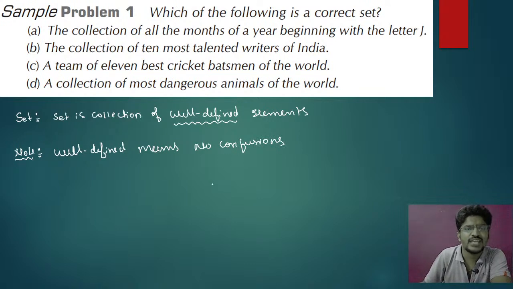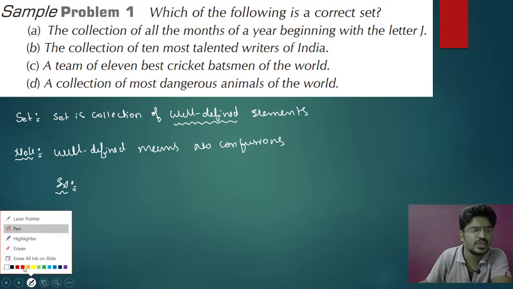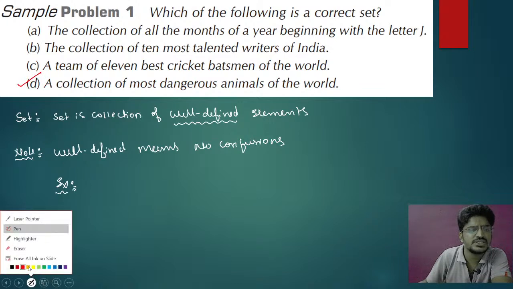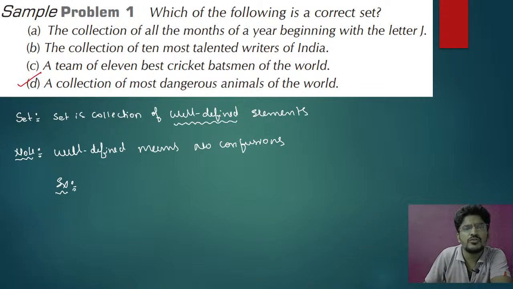For example, take a very simple option from the given question, option D: a collection of most dangerous animals of the world. For me, for Pavan sir, I feel small ants are dangerous.